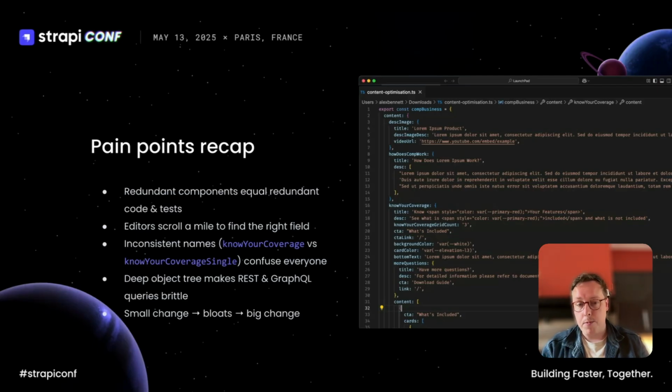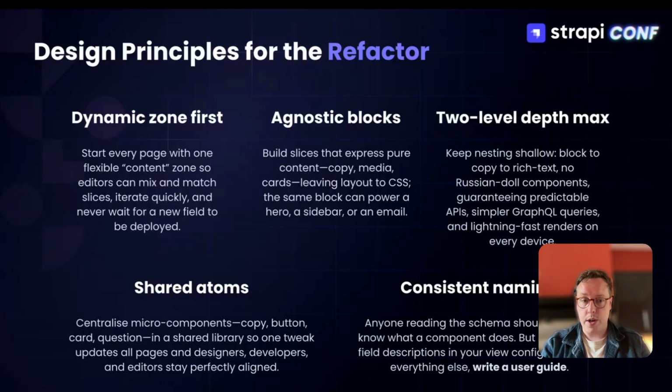We've also got deep object trees, so that makes your REST and GraphQL queries pretty brittle to change and also take a performance hit. And we've got the problem that a small change in this particular content type ultimately leads to bloat in the code base and in the front end and how the front end renders these components, which means any small change ends up becoming a big change.